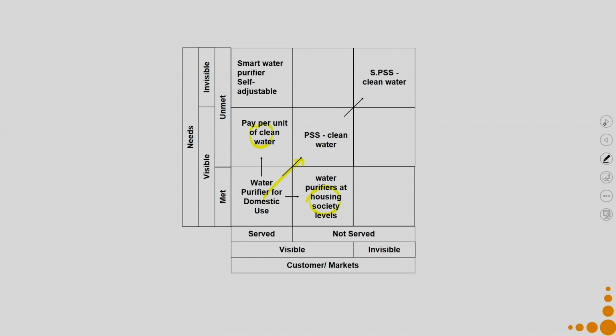So, smart water purifier in those senses, or say for example, if the machine is about to break down, because I am talking about a PSS, it automatically calls in a service engineer so that the machine does not break down and the service keeps on running, or self adjustable water purifier.